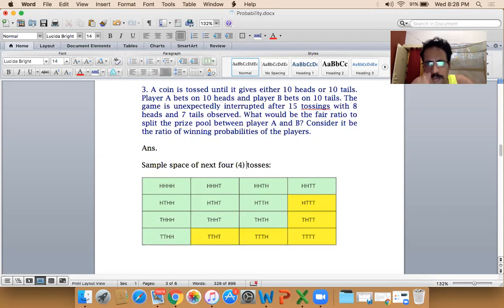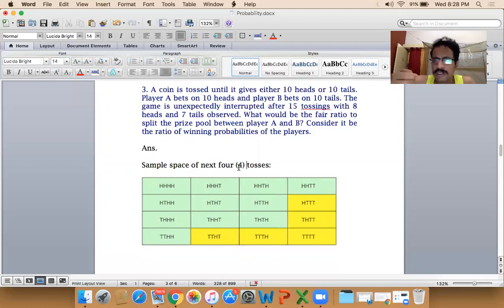If you do 4 more tosses, definitely one of the cases will occur where you get either 10 heads done or 10 tails done. So one of them will get it finally in the next 4 outcomes.